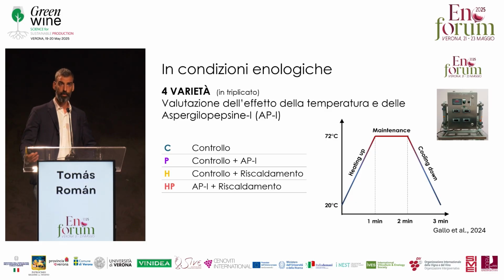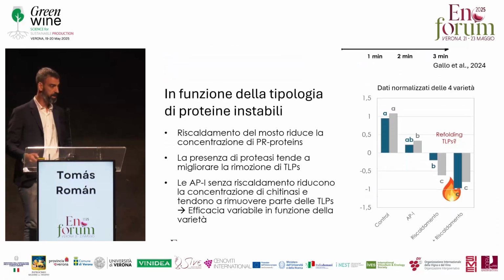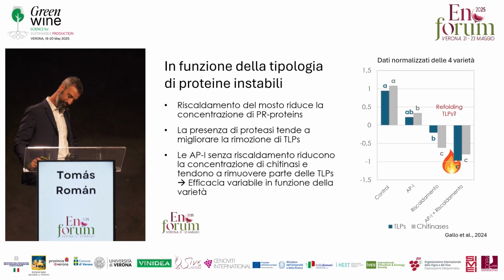We've tried to do this while assessing also the effect of heating up the medium, because you may imagine that the most significant event on protein stability is given by heating up the must. But with these three different approaches, we've evaluated the addition of proteases, the heating up with or without proteases.